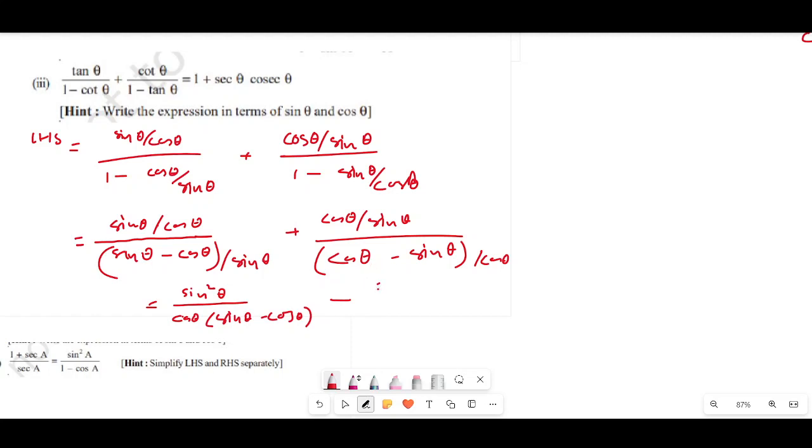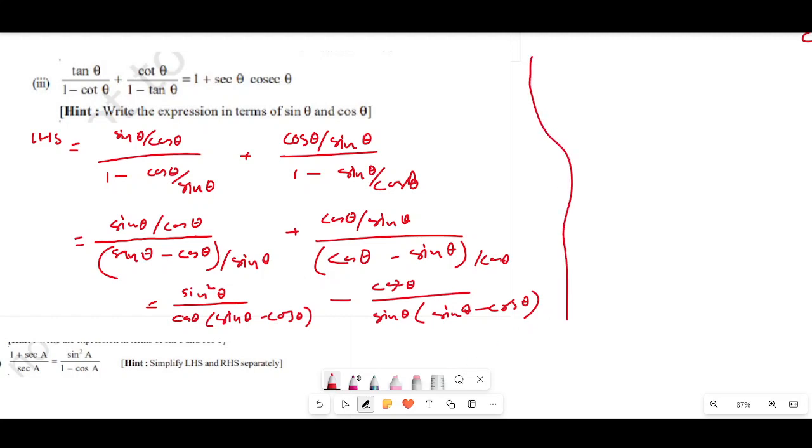Here we can write cos square theta upon sin theta into sin theta minus cos theta. Here is sin, here is cos, so we should equalize the denominator part.